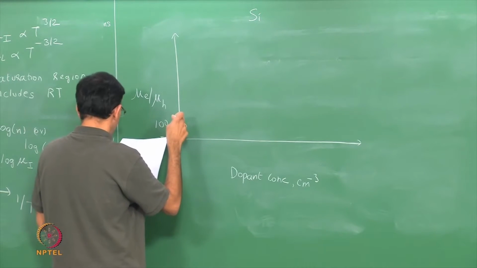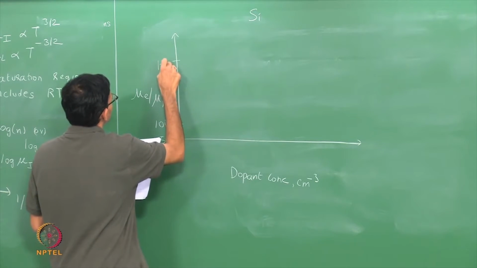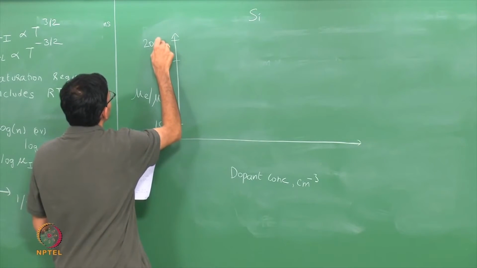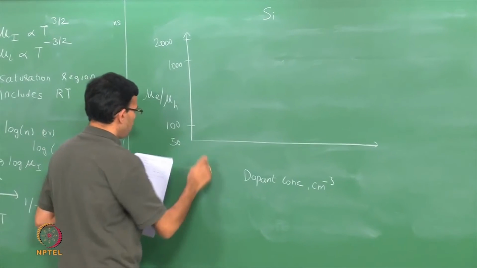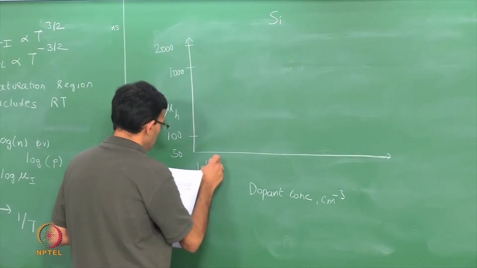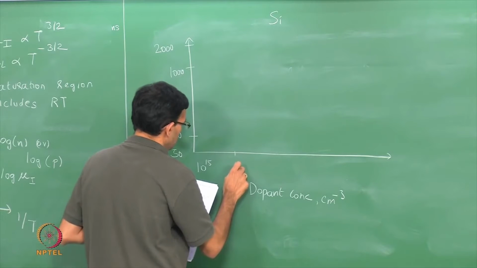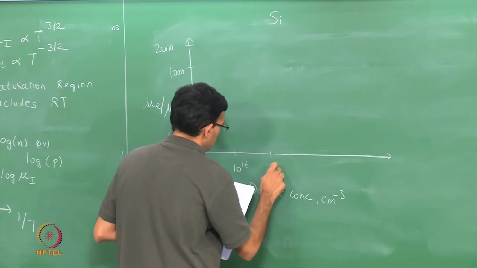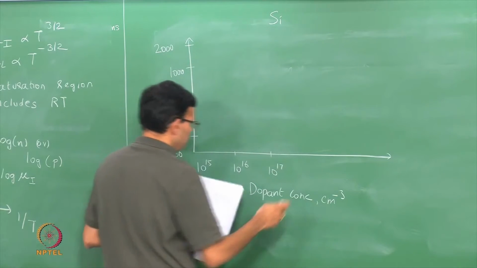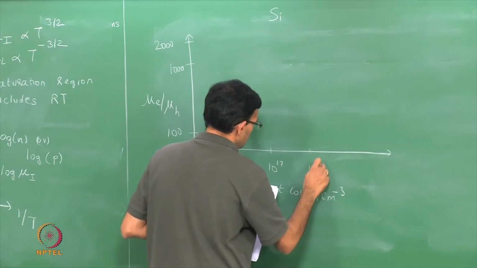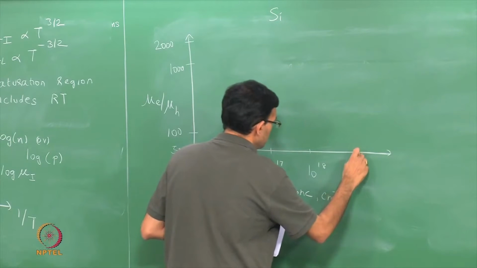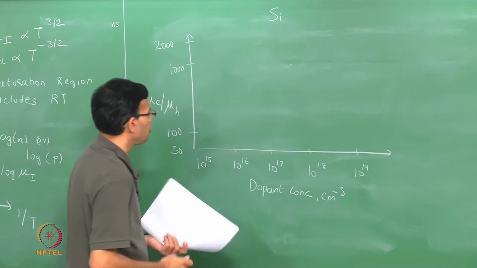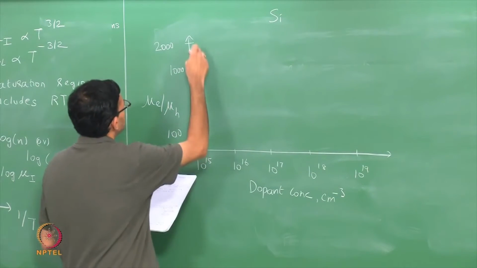100, this is your y axis, concentration is 10 to the 15. So, if we plot mu e, it starts at a high value.